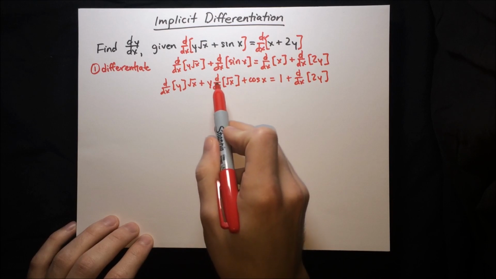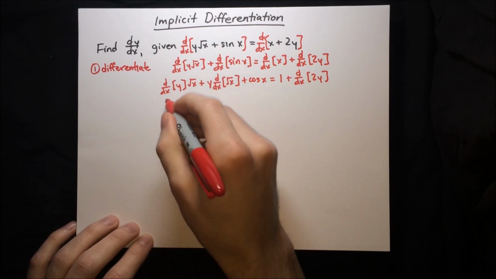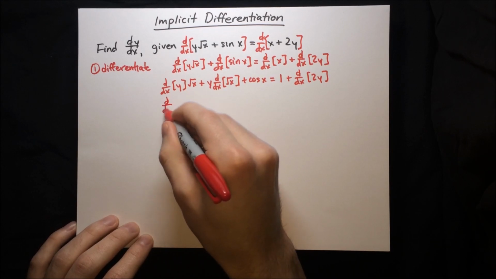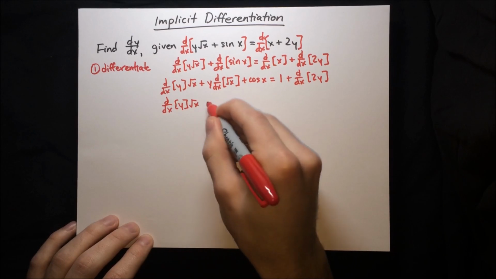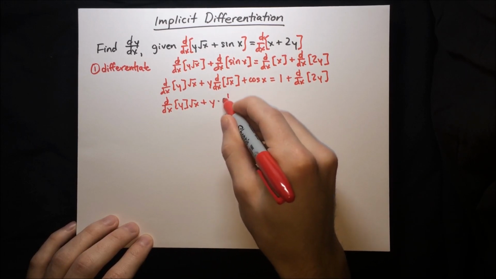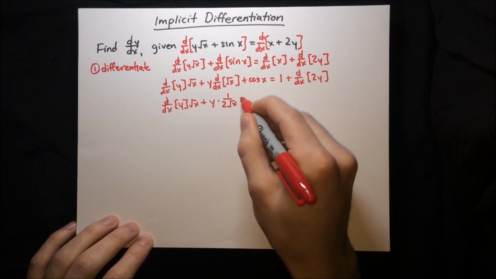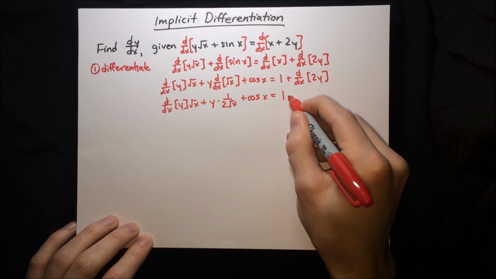Looking at this term right here, d/dx of root x, we can find that derivative. So let's just write everything again and compute that derivative. So that derivative of root x is just 1 over 2 root x. And then we've got all the other stuff that we had in the previous line.